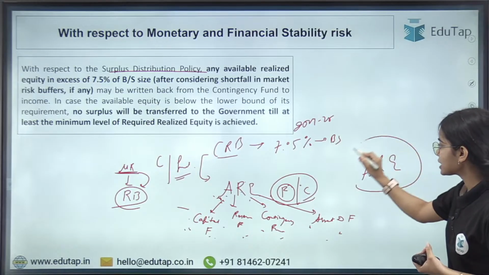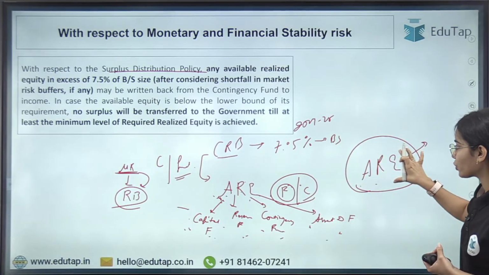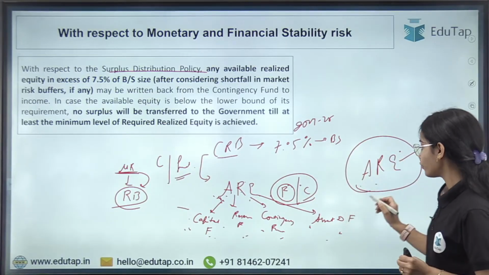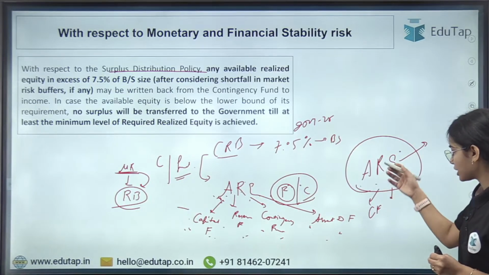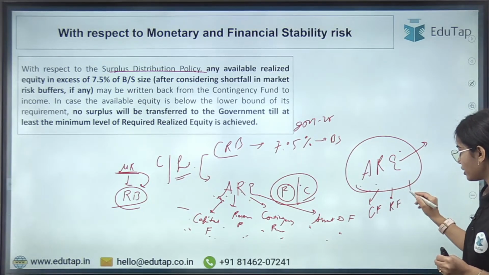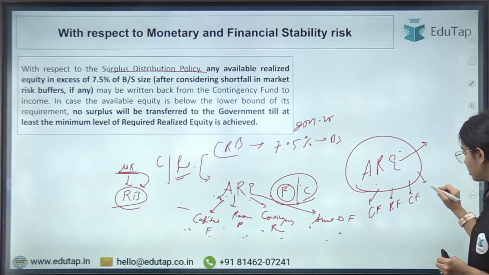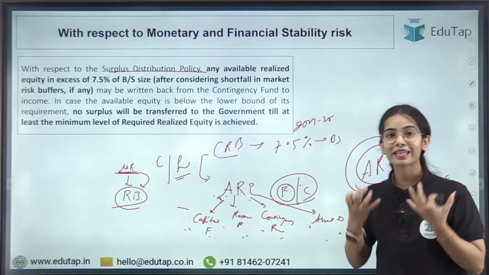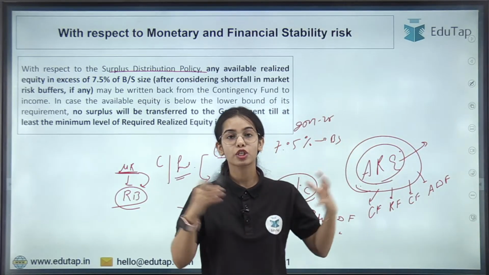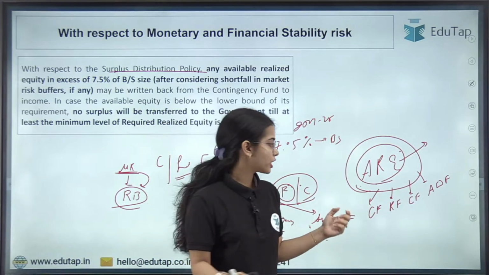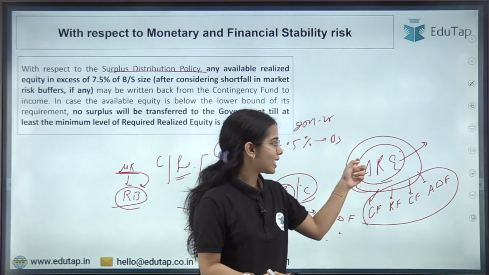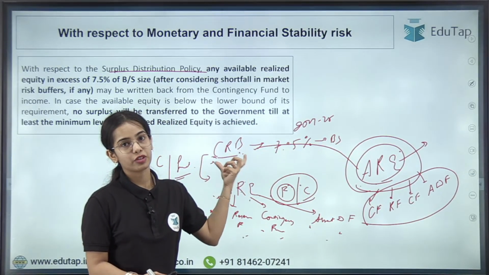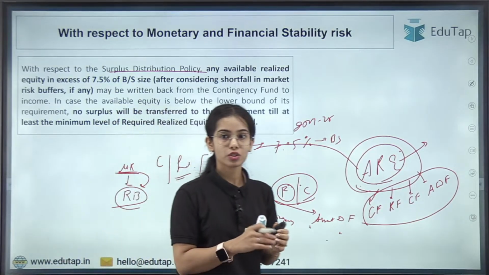The available realized equity is the money, the fund, the capital maintained with the RBI in these four ways, which provides for the contingent risk buffer. I hope this is clear.